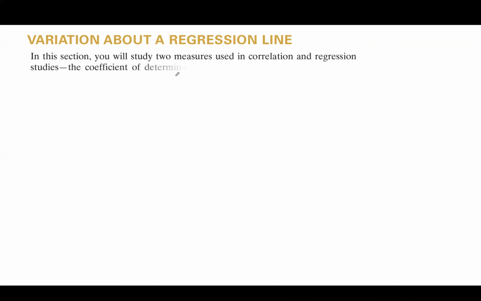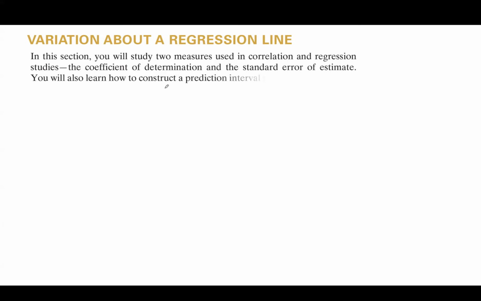What's variation about a regression line? In this section, you'll study 2 measures used in correlation and regression: the coefficient of determination and the standard error of estimate. These are used in machine learning as well.